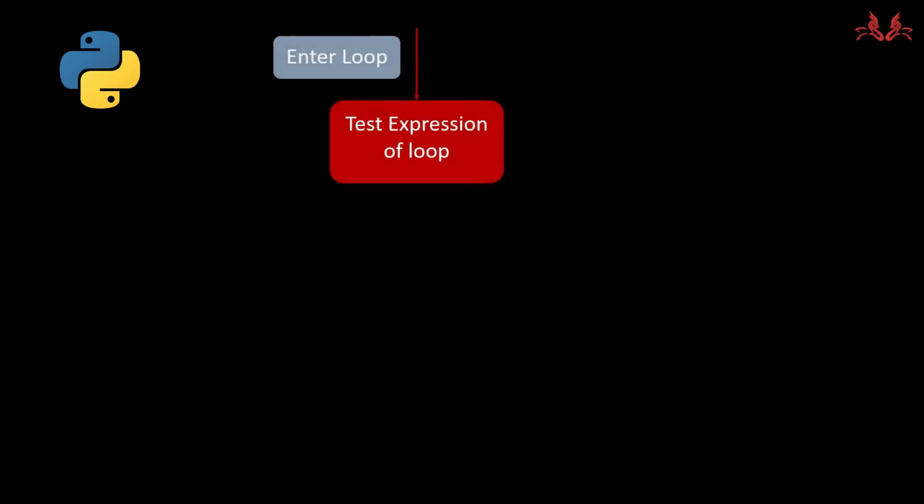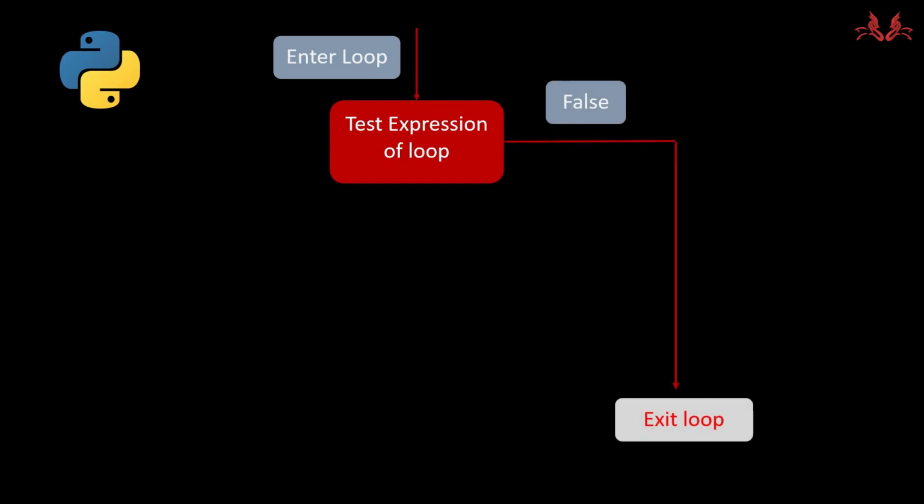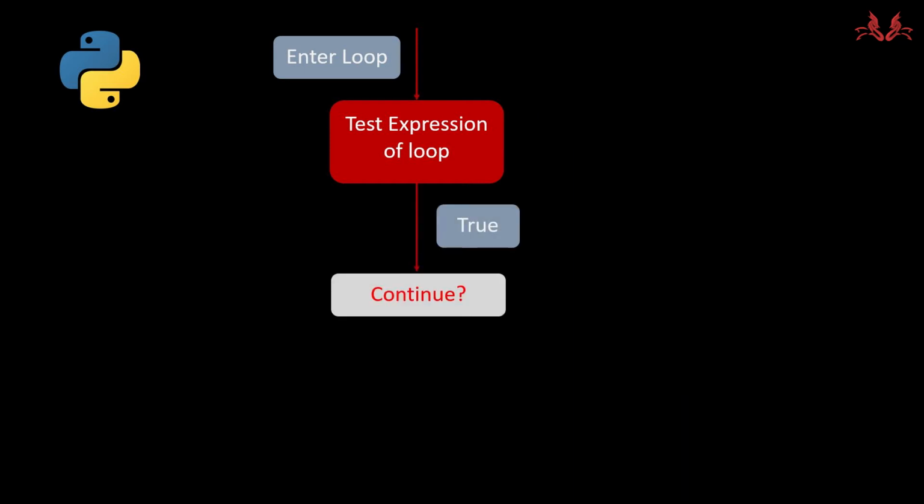Alright, let's take a look at how continue works, and let's see the flow control of continue in a while loop. At first, it enters the loop, and the program will evaluate the test expression of the loop. If it is false, it will exit the loop, or if it is true, it will go to the continue. And the program will evaluate whether the continue condition is yes or not.